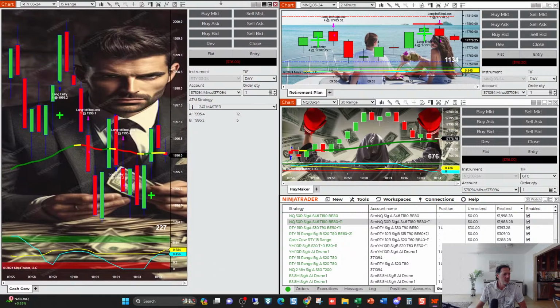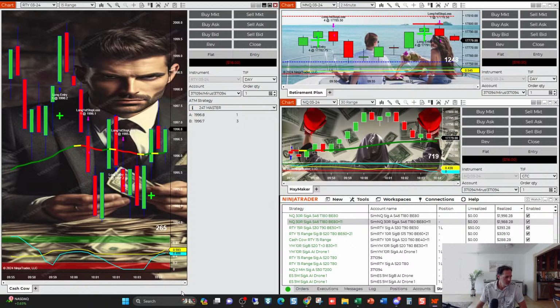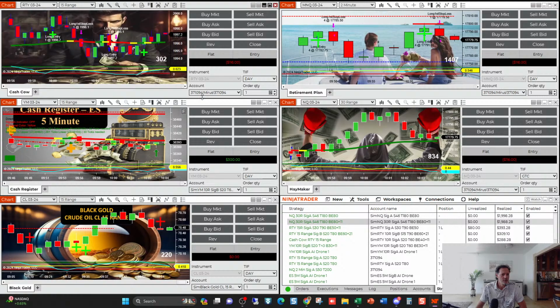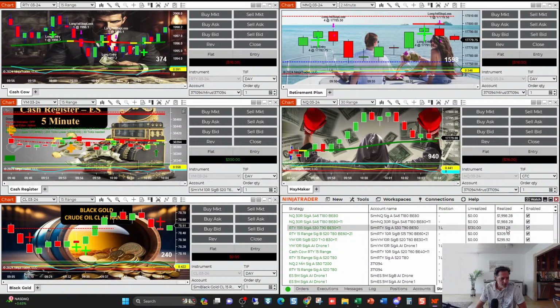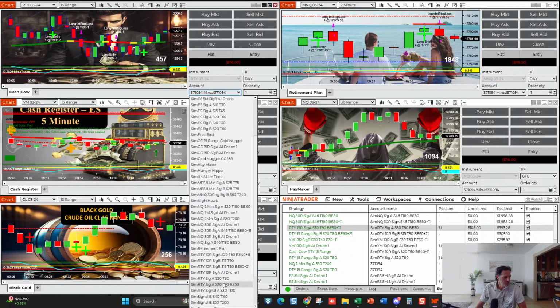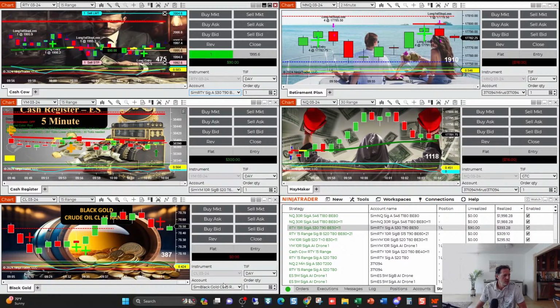This one belongs up there. Okay, let's shift the numbers around. Second one, third one. RTY is still this one. RTY signal A 3090. It's in a trade right here, trying to go long.